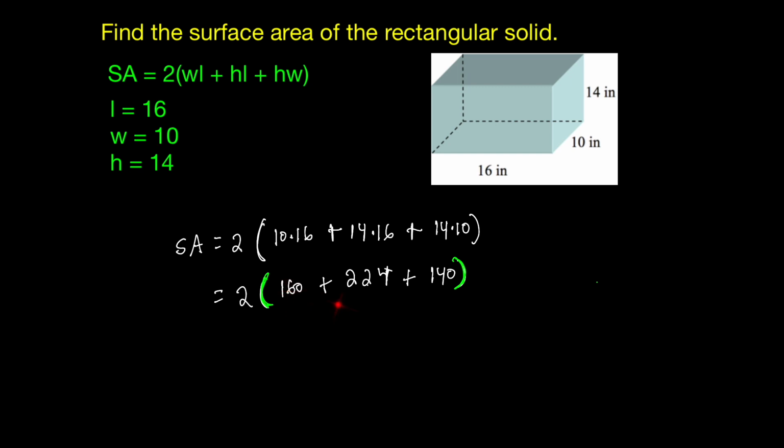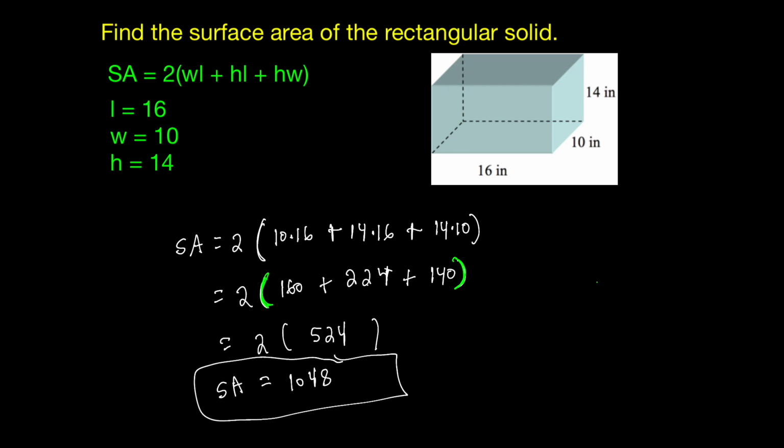So that means I have to add the 160, the 224, and the 140. So I'm going to get 2 multiplied with 524. Finally, I multiply the 2 with the 524 to get 1048. And that would be the surface area. And if we wanted to add the units, we would just include square inches.